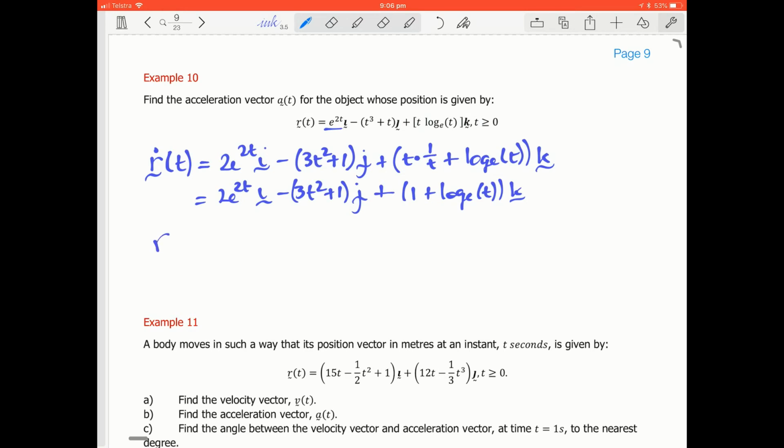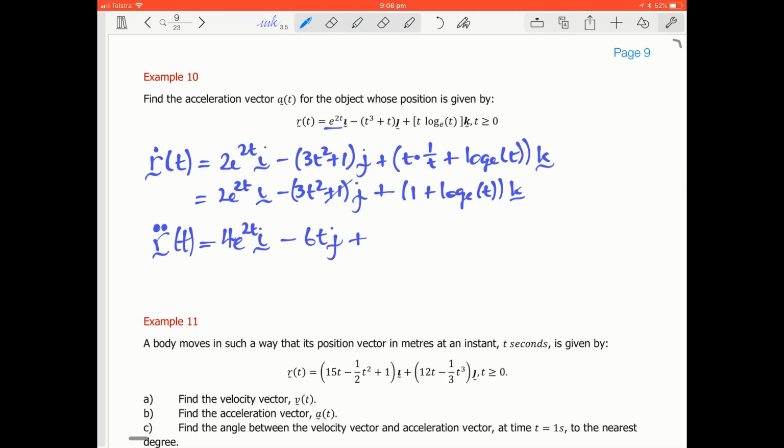Now if I want my acceleration, we can say r double dot, because we've derived it twice with respect to t. Okay, so I get 4e to the 2t i minus, that's going to disappear, so I end up with 6t j plus, when I derive 1 I get 0, log e of t, I get 1 on t k.